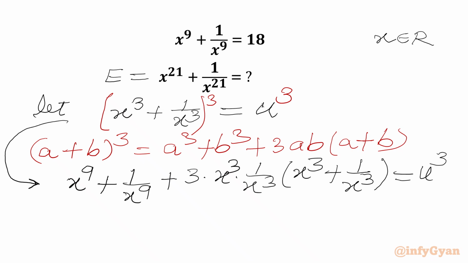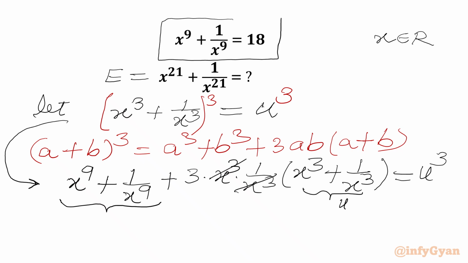So here we are going to write u. The x cube from numerator and denominator will be cancelled out. x power 9 plus 1 over x power 9, this is 18. So we can write 18 plus 3 times u equal to u cube.